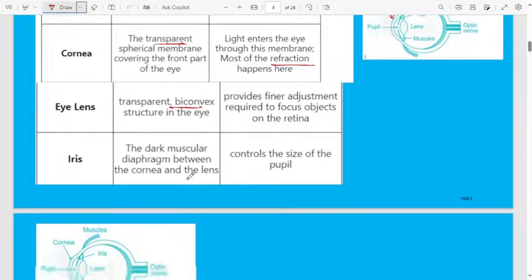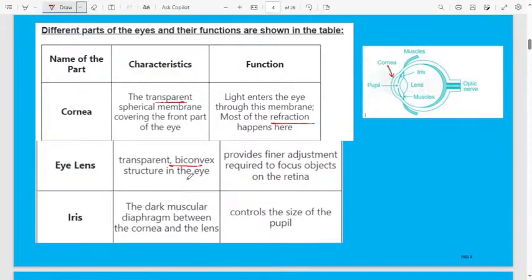Let us move to the next one, iris. The eye lens is this one, and the iris is this part here. The iris is the dark muscular diaphragm between the cornea and the lens. What is the function of the iris?